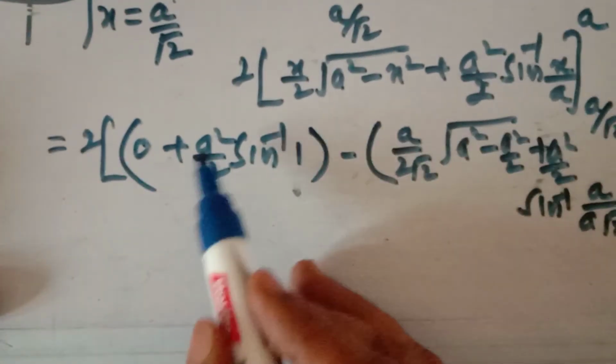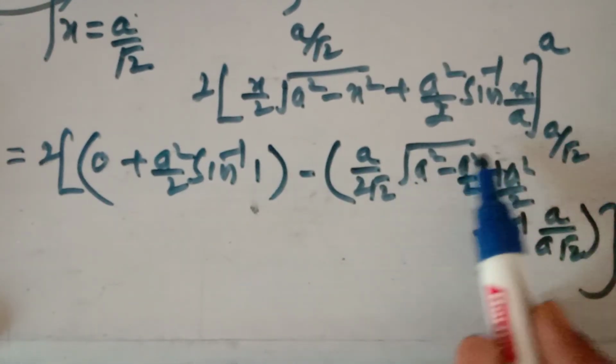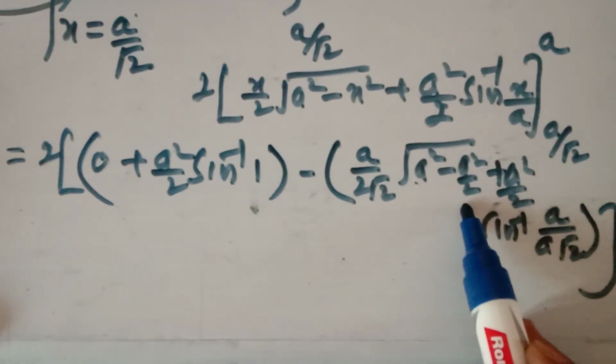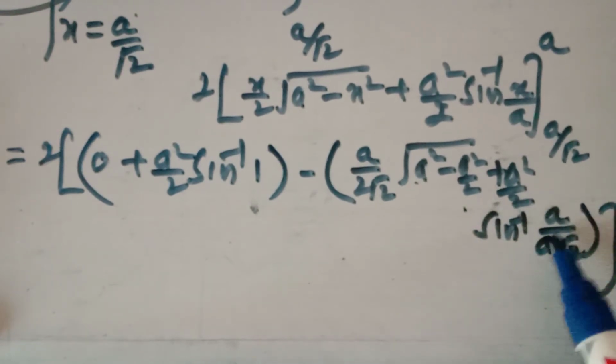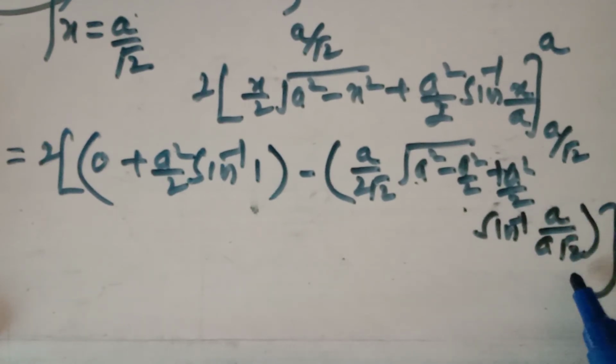To simplify this, sine inverse 1 is pi by 2. This is 2a square minus a square upon 2, which is equal to a square upon 2. A square, it will be a cancel out, and sine inverse 1 upon root 2 will be pi by 4.